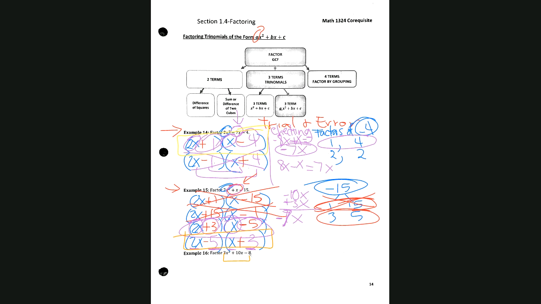So positive 3 times negative 8 will give me negative 24. Now I'm going to list the factors of negative 24. We could have 1 and 24, 2 and 12, 3 and 8, 4 and 6. And we know one is positive, one is negative.